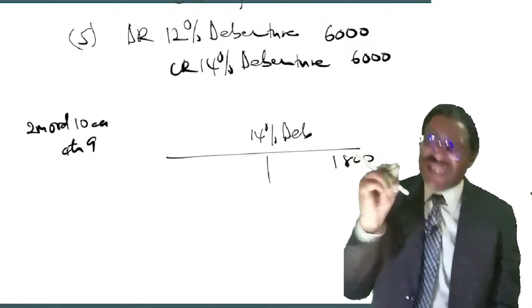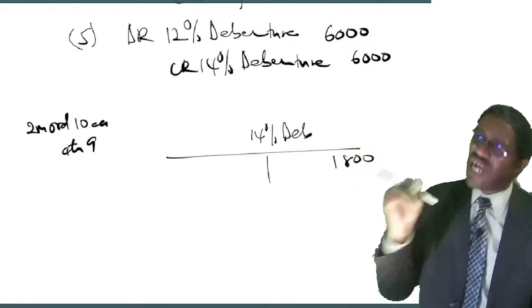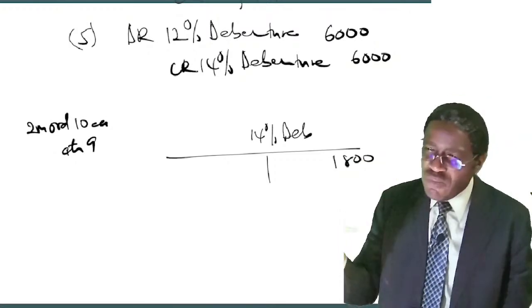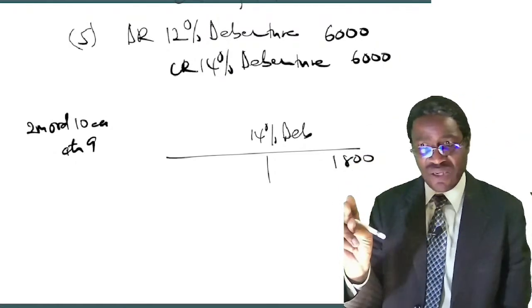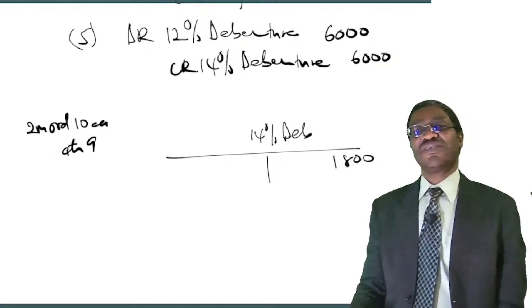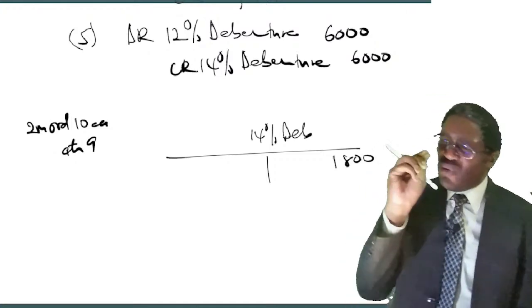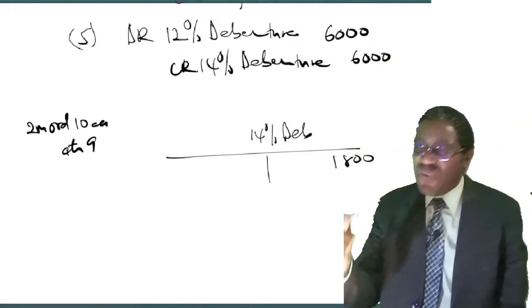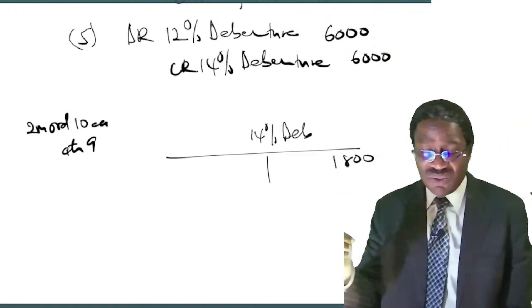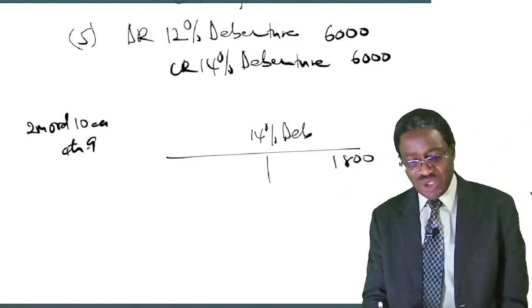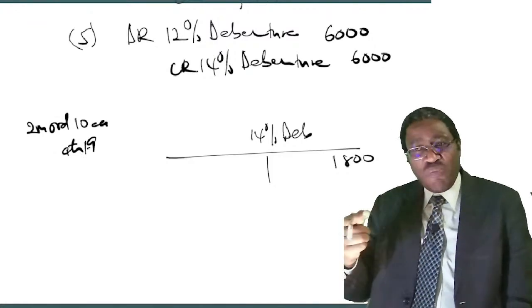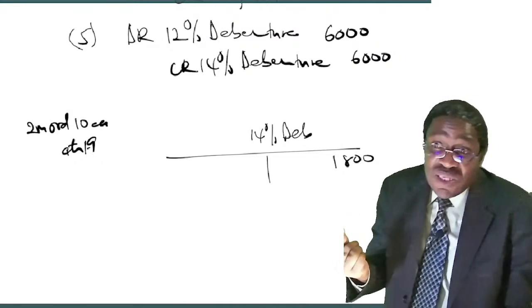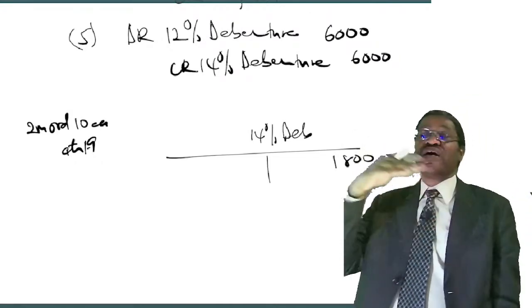You must still credit the debenture account with the nominal value, 20 million. Then if you issued them at 19, the 9 bob would have been the premium. That premium goes to the share premium.